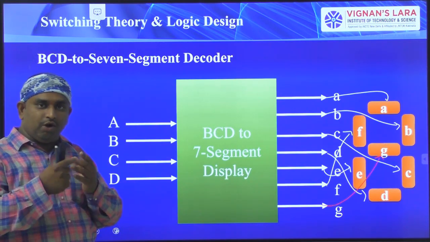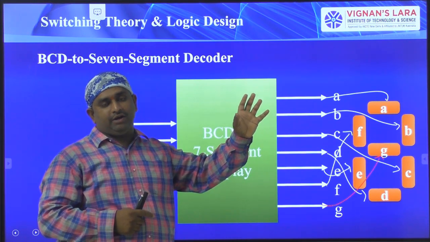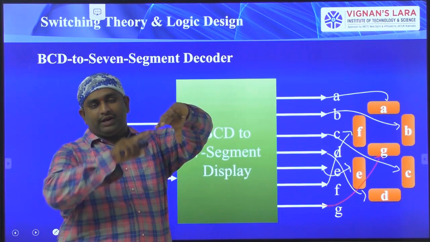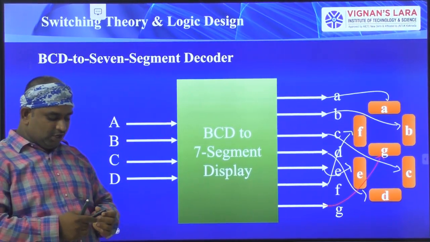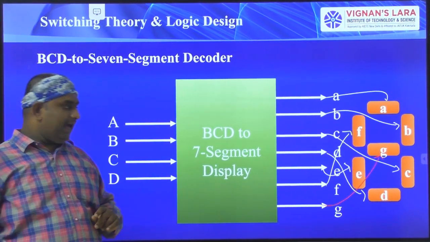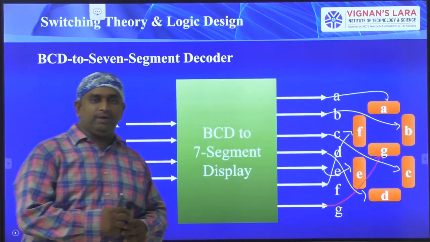These are all things you have to bring from outside, and in our laboratories we have a digital IC trainer kit. In the trainer you have to place this chip and this LED. You can work out these functionalities. You can practically observe this behavior in our laboratory. Okay, this is about our BCD to 7 segment display decoder.